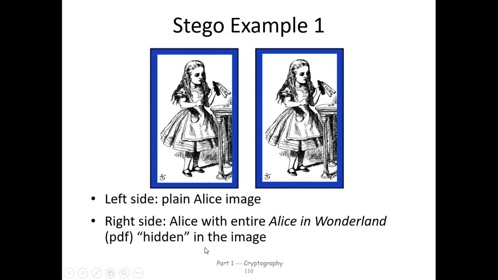It's a book hidden in this original Alice image. But what you can see in this slide is that both are the same. You can't differentiate the two images. But the right side contains a PDF book, and the left side doesn't contain anything. It is the original image as it is. So that's why the concept of steganography is very important.